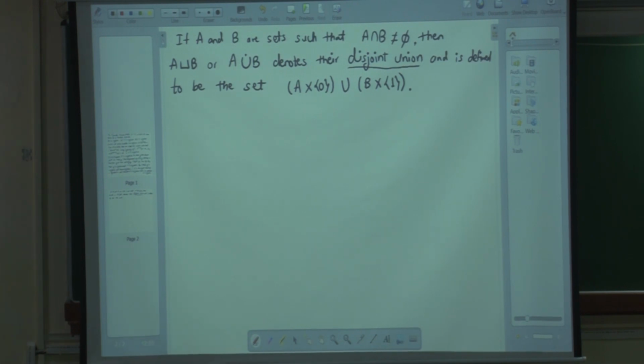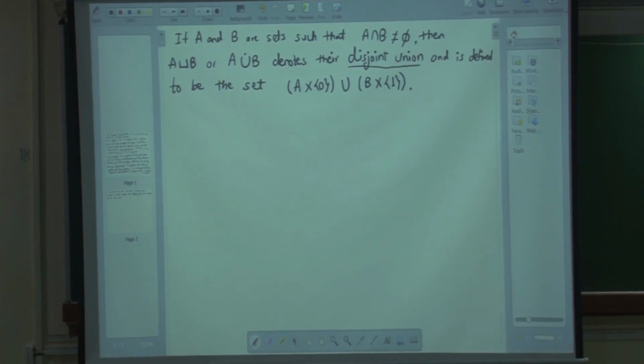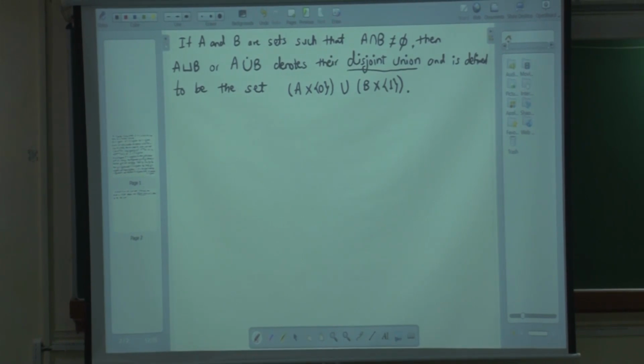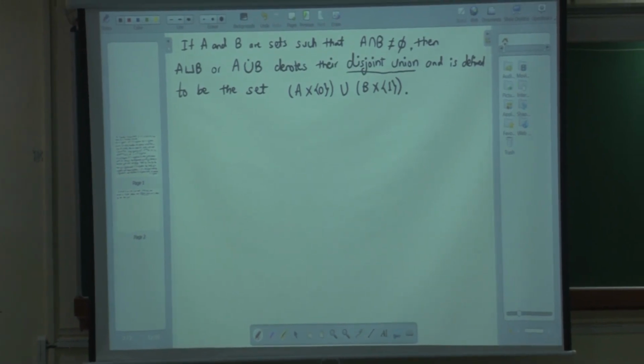We took the cross product with two different sets, singleton 0 and singleton 1, respectively, so that even if A and B have some intersection, A cross singleton 0 and B cross singleton 1 do not have any intersection, and therefore their union will be their disjoint union automatically.